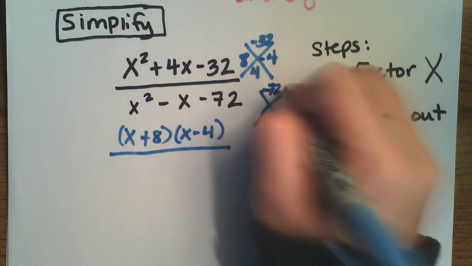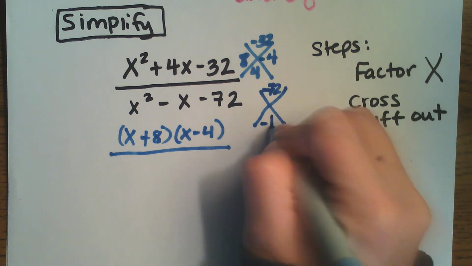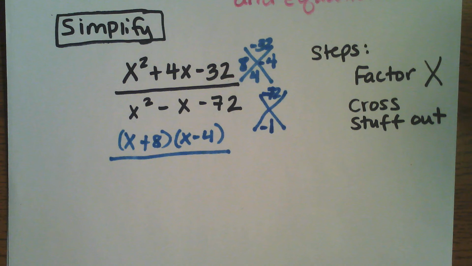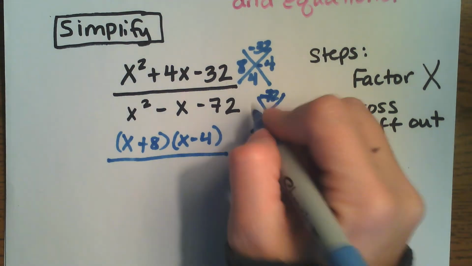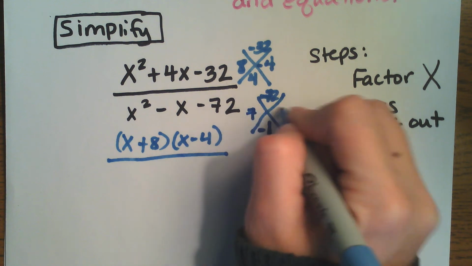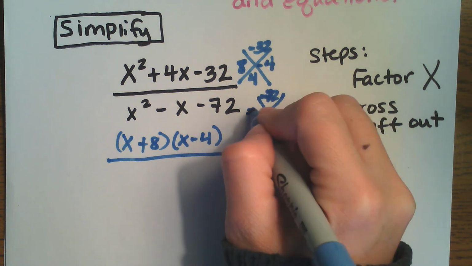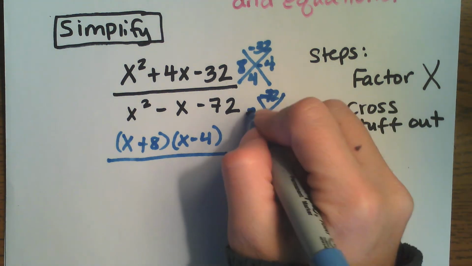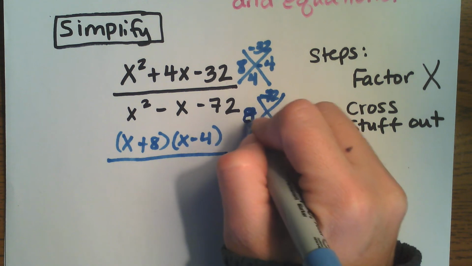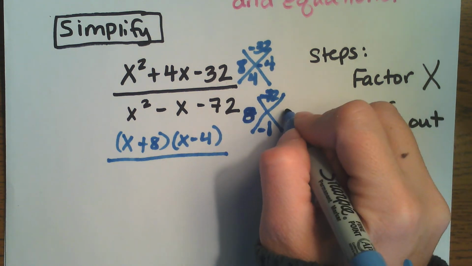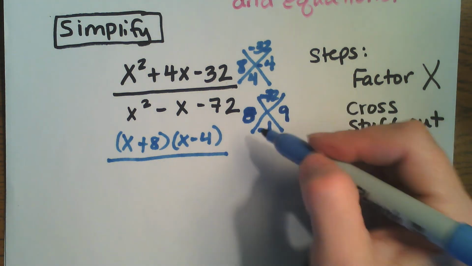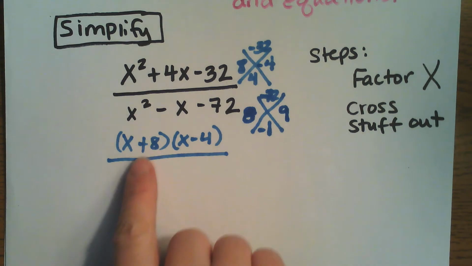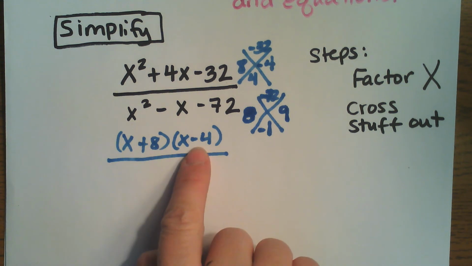So factors of negative 72 that add to negative 1. What will we use? 8 and what? 9. So check out, I have a positive 8 and a negative 4 up here.